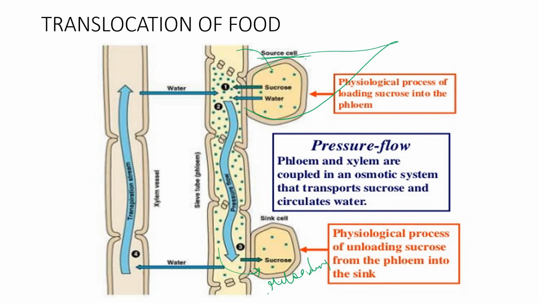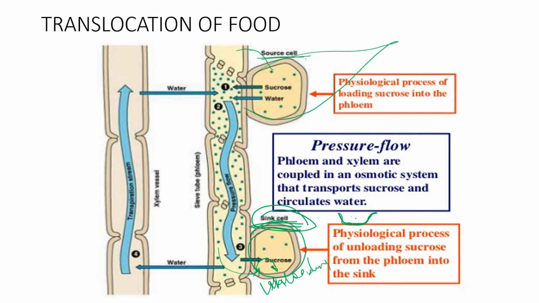Deloading, or unloading, you can say. Companion cells will help to unload that food in this part of the plant which requires the food, and this is called the sink region. Sink, like we have a sink in our washrooms where we keep the plates to get washed, isn't it? So it is like this in structure, sink region.